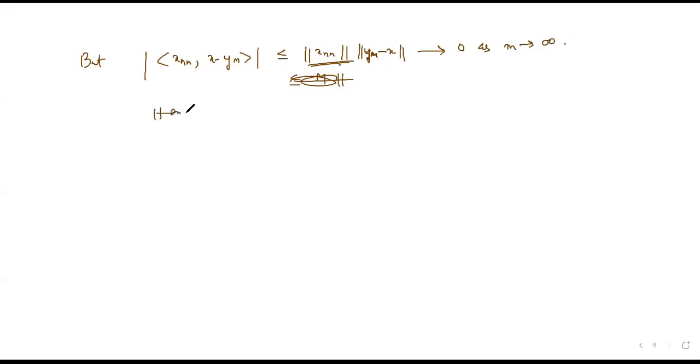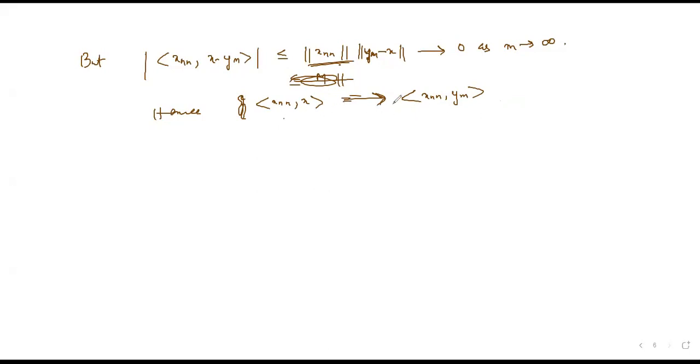Hence I can say this, and I say x_n, where is it? About this thing goes to 0 as n approaches infinity. That means what? This goes to 0 means the inner product of x_n with x is equal to, let me write it like this, this must converge, using the properties of the inner product, to the inner product of x_n with y_m, and since this converges weakly, therefore this must converge weakly.